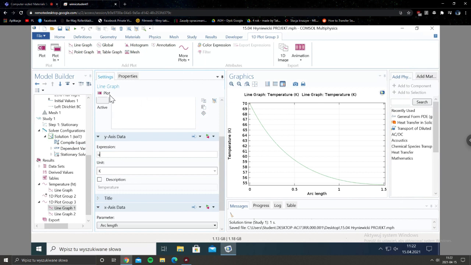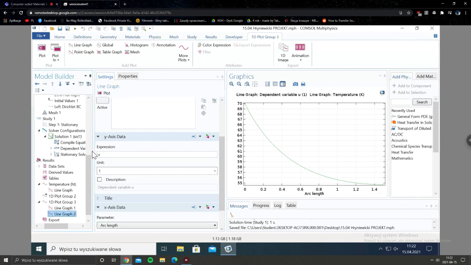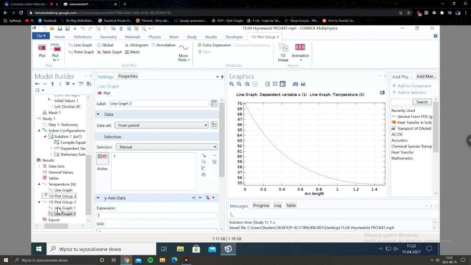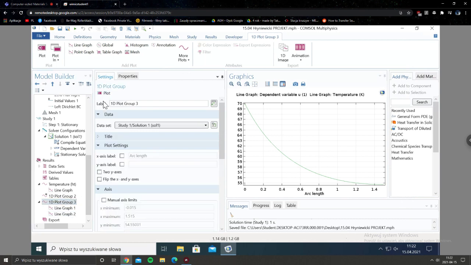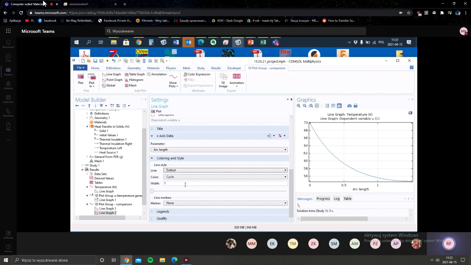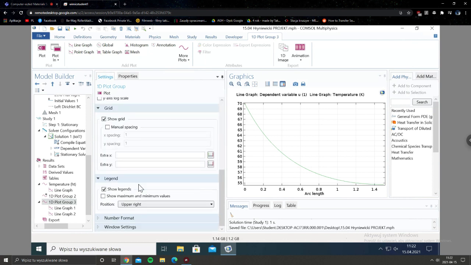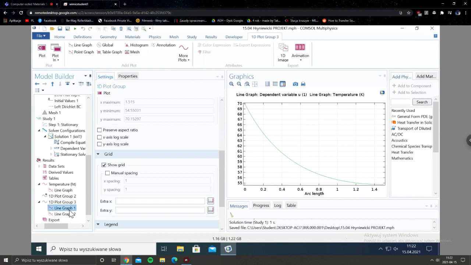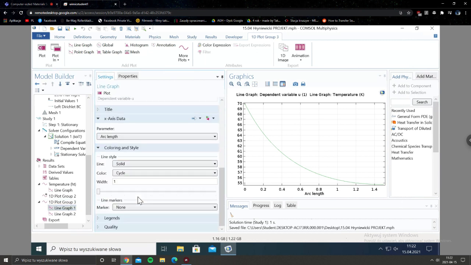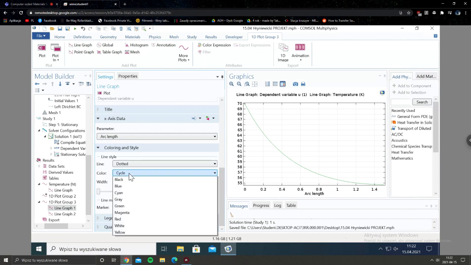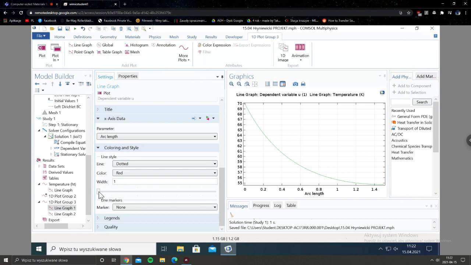All right. Coloring and style we can change. So instead of solid, we can choose dotted. Can we see something more or not? Let us see. No, still not. Cycle, color.